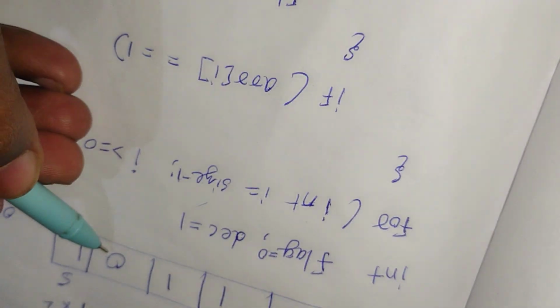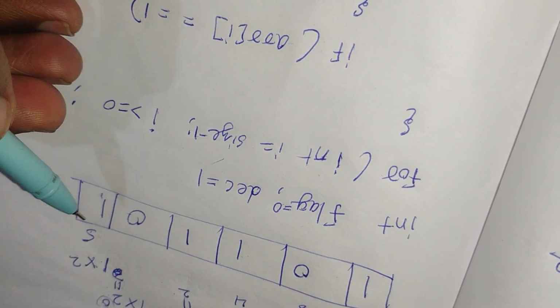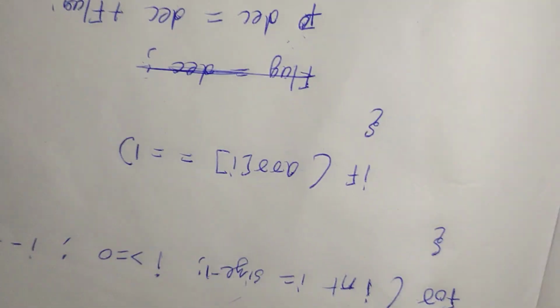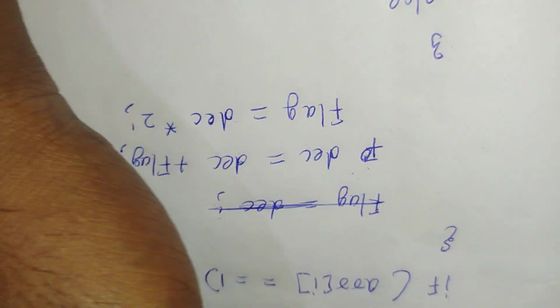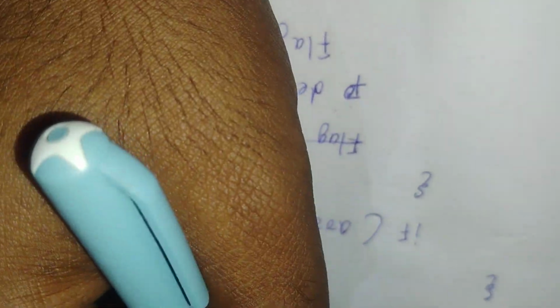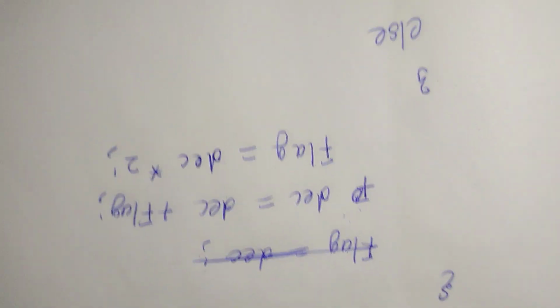Now if the bit is 0, the condition becomes false, so the else condition will execute. For 0, no need to add, but we need to increase the values. We need to update the flag value. How can we update?